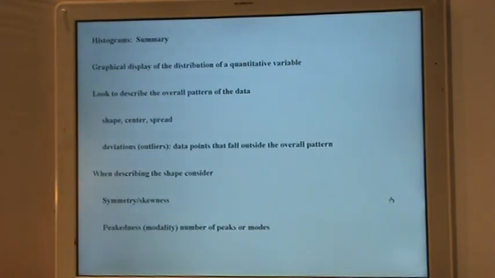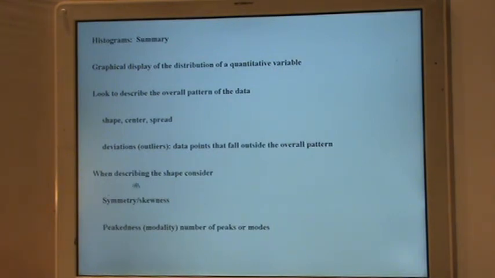Okay, just a very, very brief summary. Histograms are a graphical display of a distribution of quantitative variables. Look to describe the overall pattern of the data, its shape, its center, and its spread. Deviations are outliers, data points that fall outside the overall pattern.